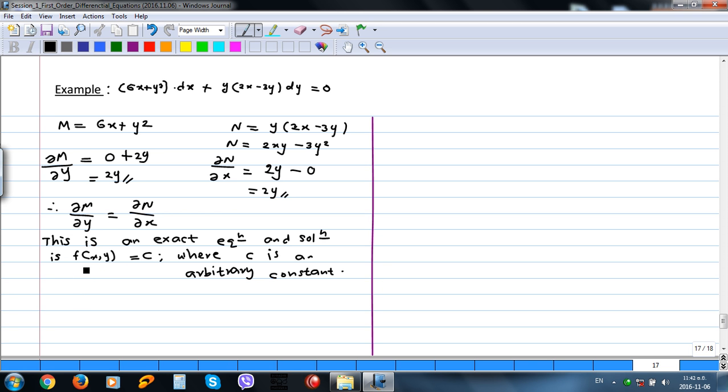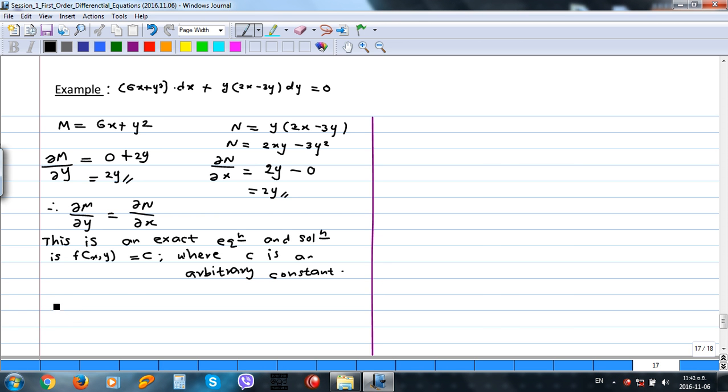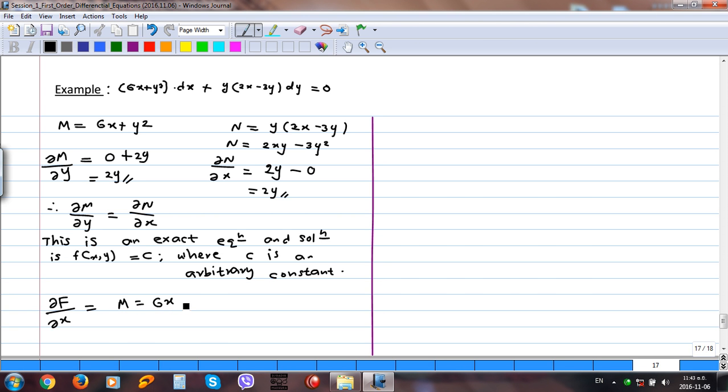So I am writing ∂f/∂x = M = 6x + y². This is the first equation.